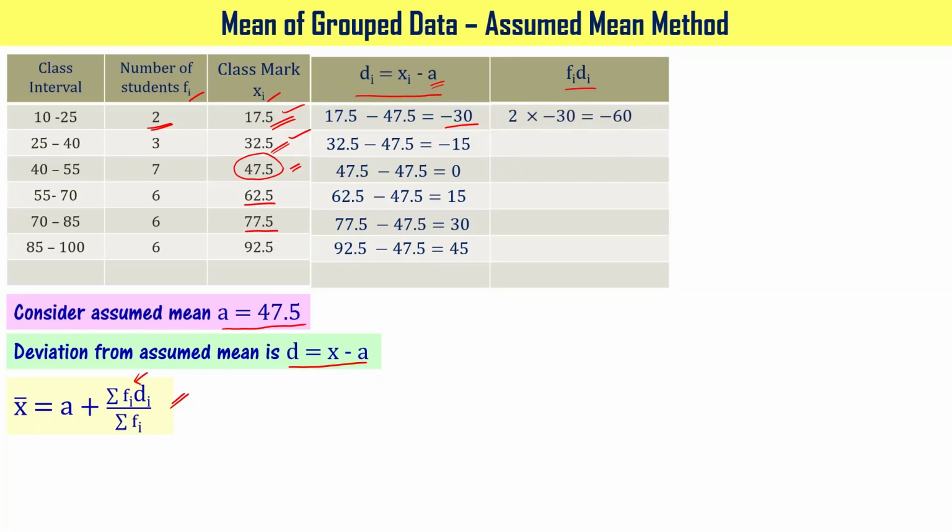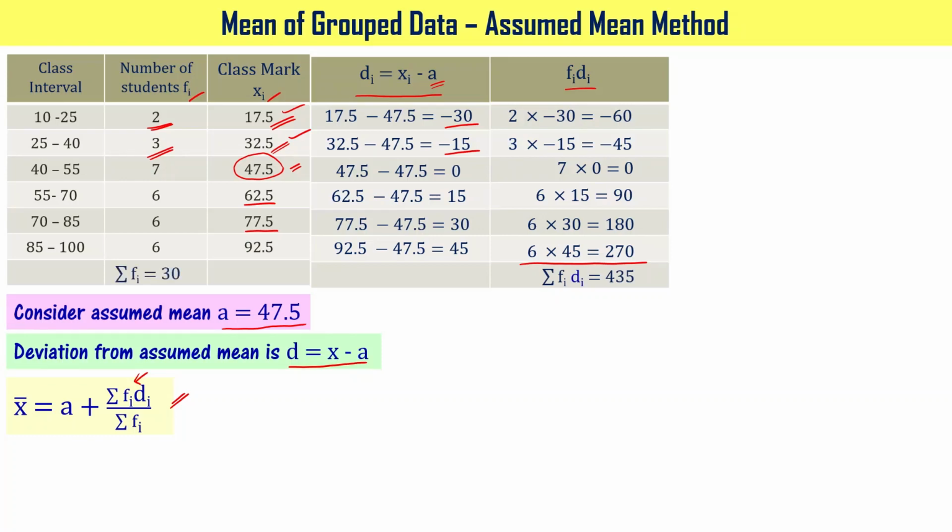And for the next class, fi is 3 and di is minus 15. So 3 times minus 15, that is minus 45. For the next class, it is 7 times 0, that is equal to 0. For the next class, it is 6 times 15. For the next class, it is 6 times 30. And for the last class, it is 6 times 45, right? You sum them such that you get sigma fi di as 435.